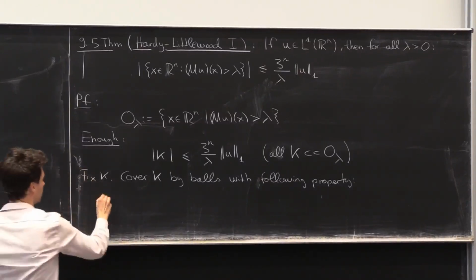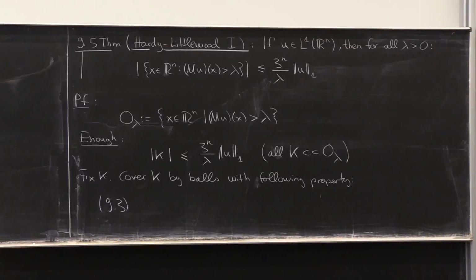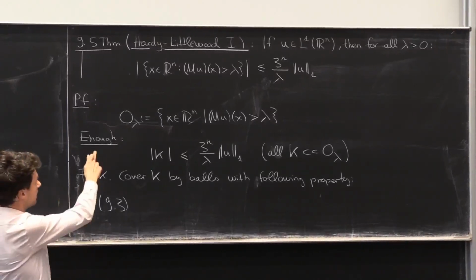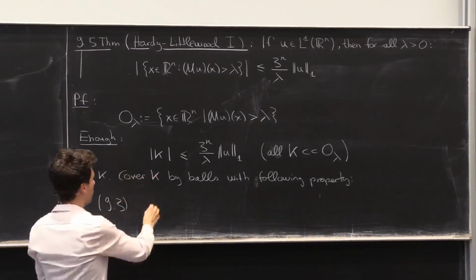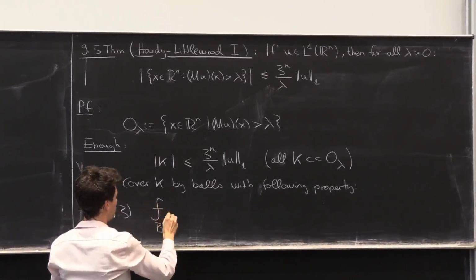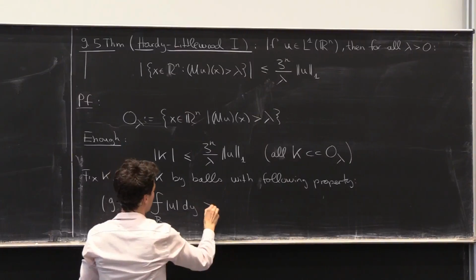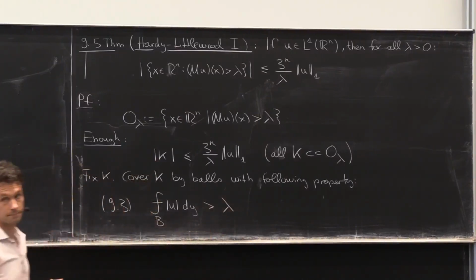No matter how well I keep the lecture in mind, I never get the numbers right. I'm claiming I can cover K by balls with the property that the average on B of the absolute value of u is larger than lambda.